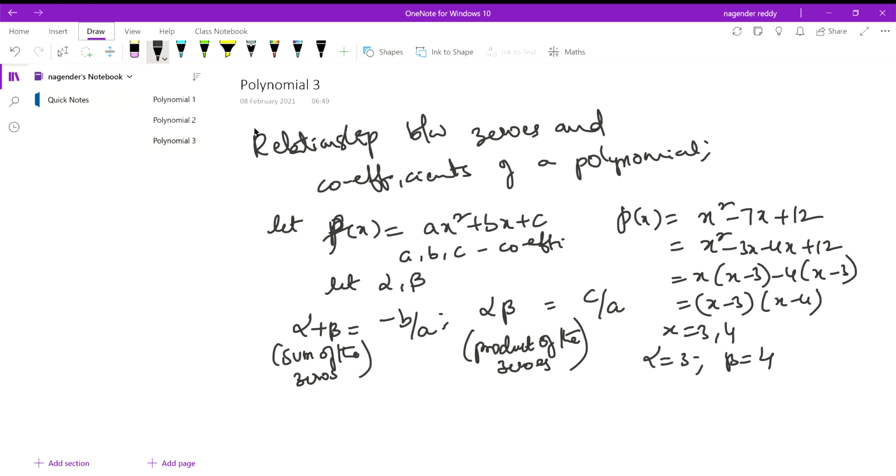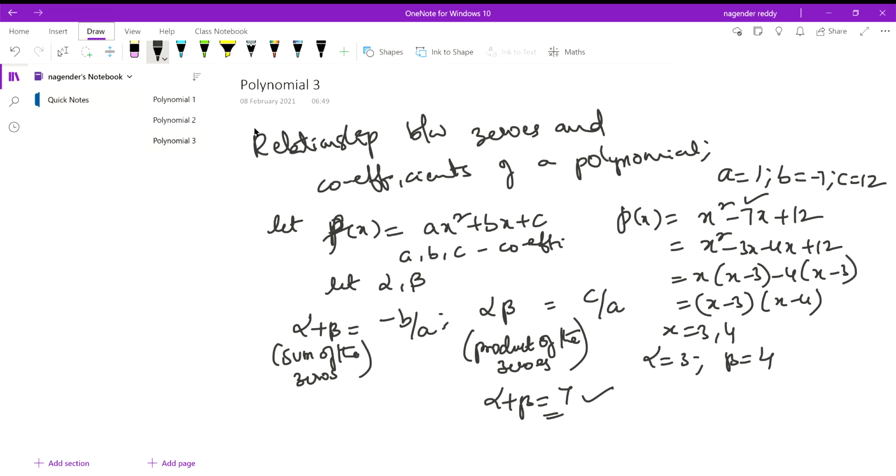Alright, now I'll compare this one. Here, find the values of a, b, c by comparing with ax square plus bx plus c. The a value is 1, the b value is minus 7 and the c value is 12. So I'll find alpha plus beta first. Alpha plus beta, 3 plus 4, is how much? 7.